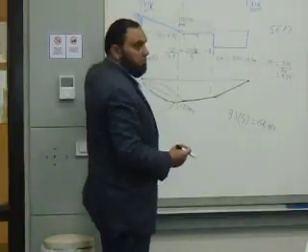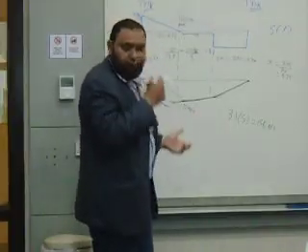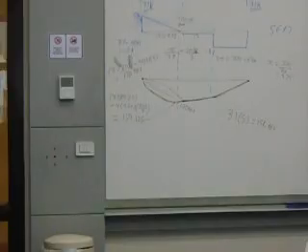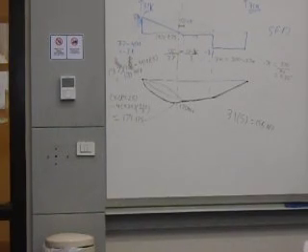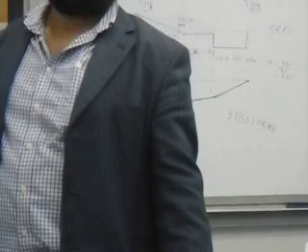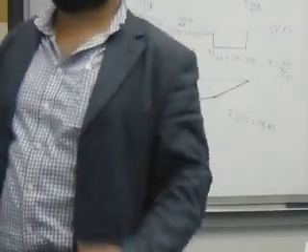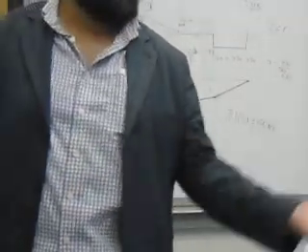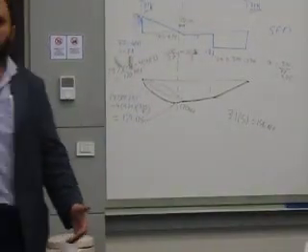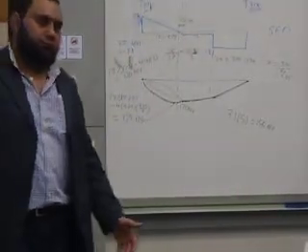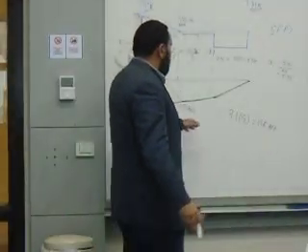Smiling, so it's negative. All of this is positive, but this is positive and this is negative. This cut means that if you are looking right of your cut, counterclockwise is positive. If you are looking left of your cut, clockwise is positive. Okay? Fine. So this is how this thing will look.